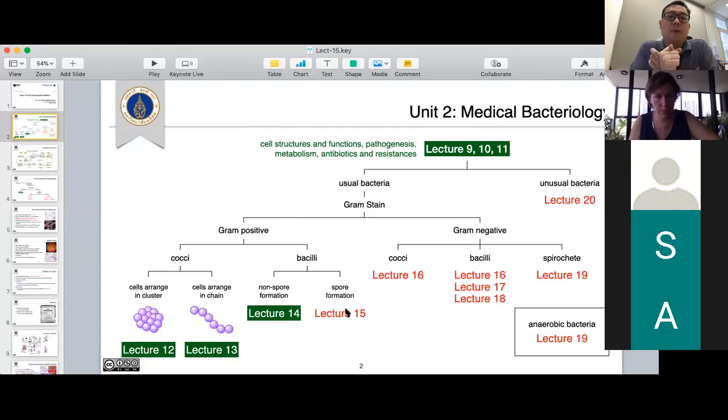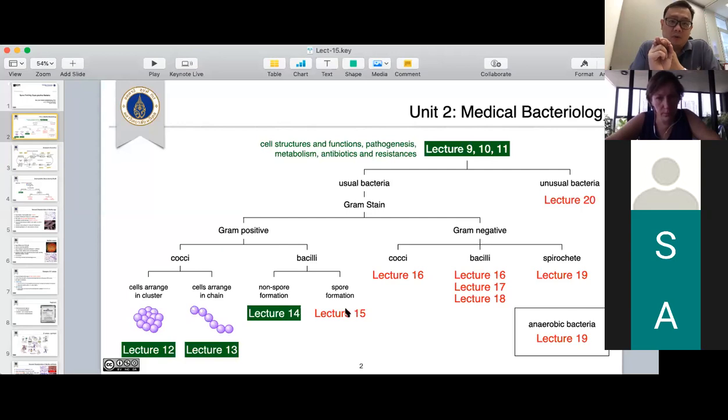One is Sporosarcina. Sporosarcina is non-pathogenic. So in this course, if you don't know something about Sporosarcina, that's fine. The second one, the name is probably familiar, is Bacillus. The third one is Clostridium.